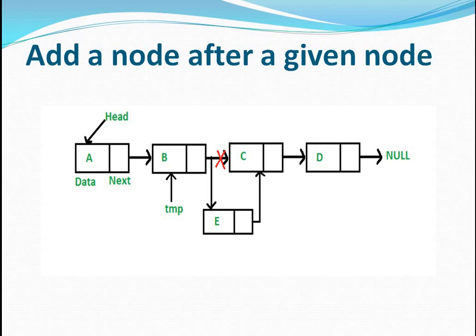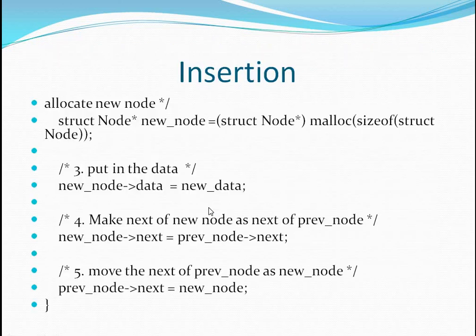See here, previous was B. So whatever address this B is holding, I am going to assign to this new node. So new node next will be equal to previous node next, the address stored in the next field of the previous node, and the previous node will now point to the new node. So this is how you can insert a node in between two nodes that are given to you.